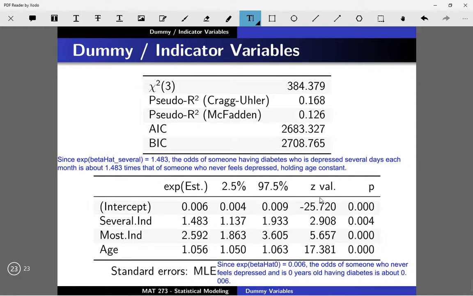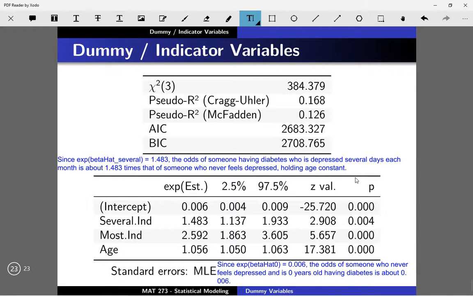This isn't necessarily the most sensible thing here. I don't know if it's possible for someone who's 0 years old, a newborn, to have diabetes or not. But this is how the intercept term is interpreted here. It's the odds of someone who has their predictor variables all 0 having the outcome of interest.